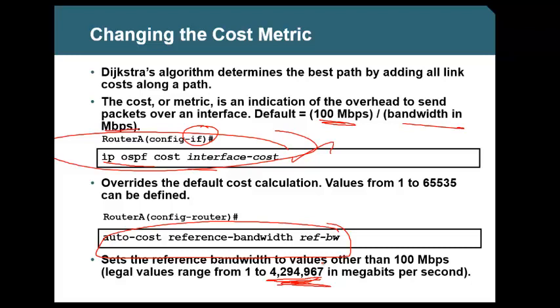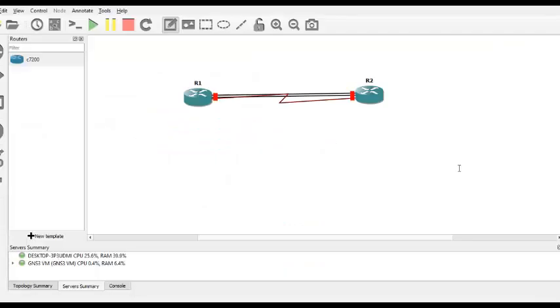Big number. Anyway, we are going to now quickly do the lab to understand this one more time better. I have taken 1 gig Ethernet, 1 fast Ethernet, 1 serial.